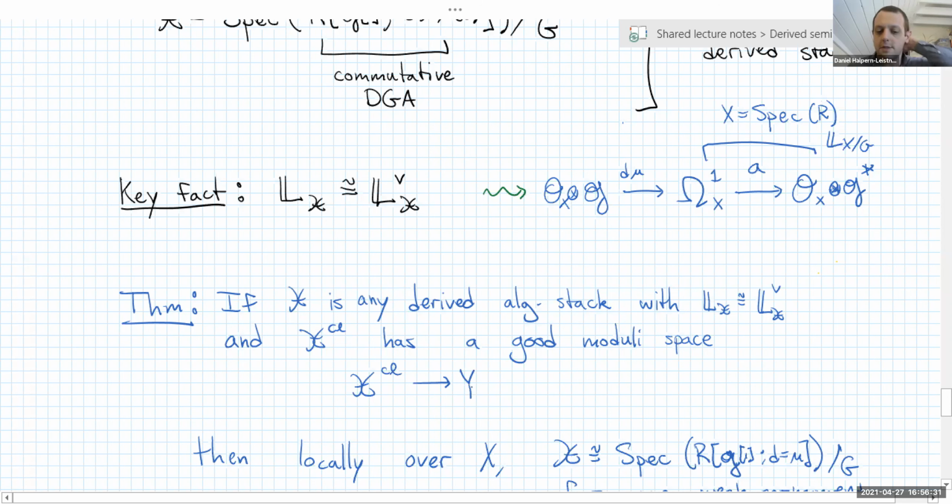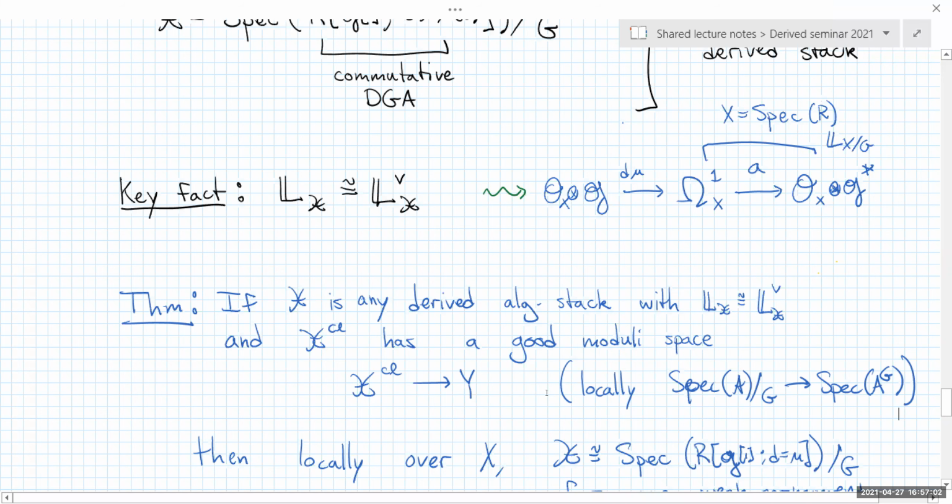So a good moduli space for a stack is a map from a stack to an algebraic space which is étale locally the map from Spec A mod G. This is a recent theorem of Alper, Hall, and Rydh, that there's a formal definition of good moduli space, but basically it's saying that.